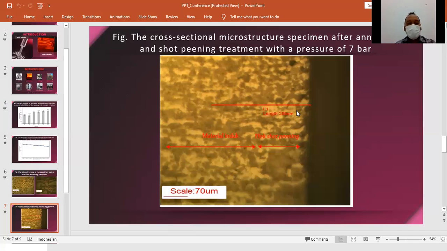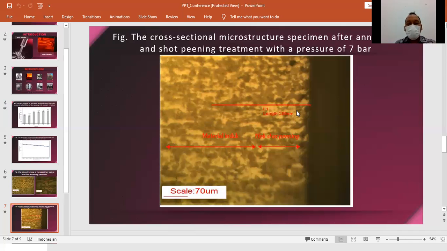The dislocation of the structure on the shot peening surface itself is caused by the impact of the steel balls. The steel balls from the shot peening process result in plastic deformation, which increases the dislocation on the surface. More and more dislocations are formed, resulting in interaction between other nearby dislocations. This dislocation interaction makes the dislocation density higher.